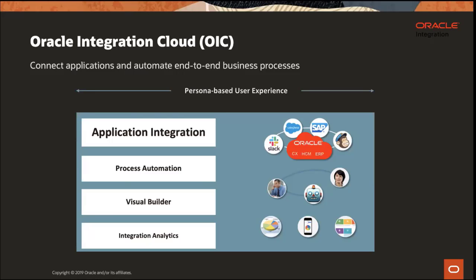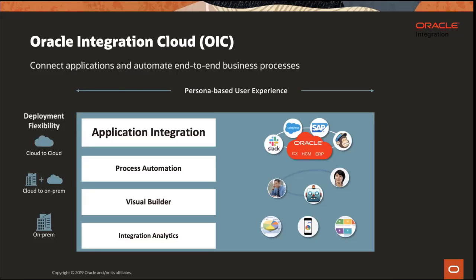And then there's also integration analytics and all sorts of monitoring and tracking tools within the integration platform. Really, this core application integration platform is the core functionality of OIC, and that's connecting to these various applications, pulling your data, orchestrating these flows, which I'll show a little bit of in just a minute.